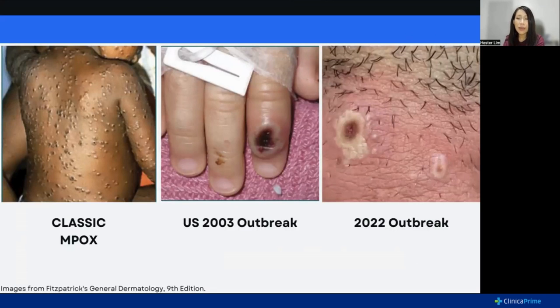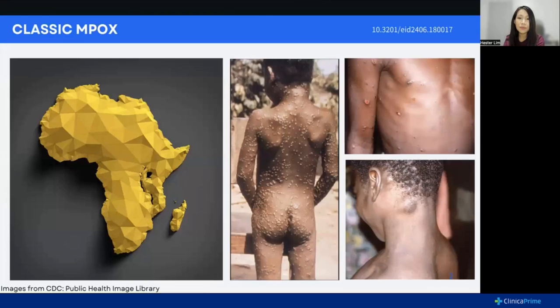Now, when we talk about Mpox, we have to know what the classic appearance of the rash looks like versus how the rash looked at various points in time, like in the 2003 outbreak, and more importantly, the 2022 outbreak. So classic Mpox was first recognized or described in Africa.